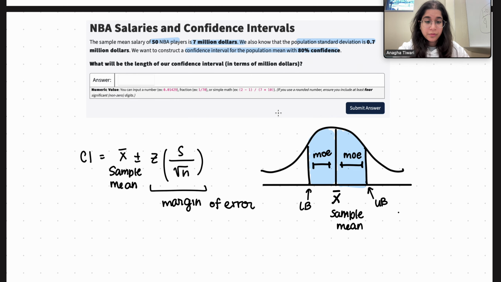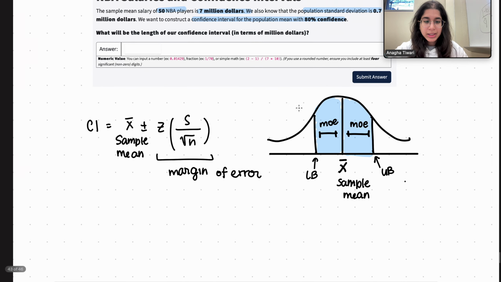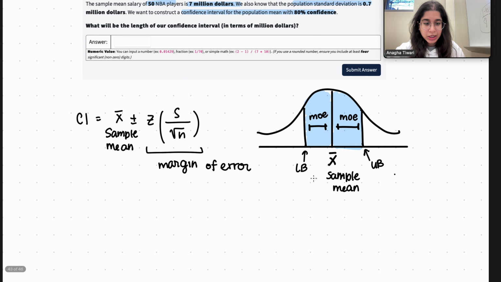So here I have the formula written out for us. If you look at this diagram here, this middle line represents the sample mean, and the numbers at this tail and this tail will be our upper and lower bounds, if we are using our units in terms of the context.